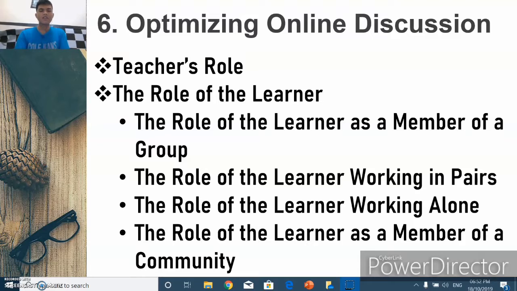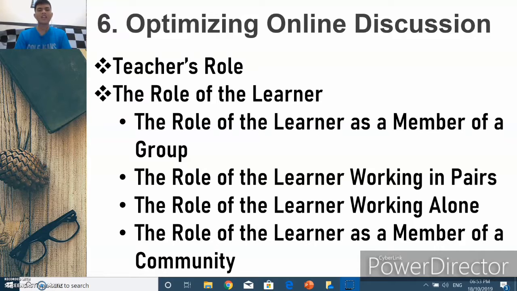The role of the learner as a member of a group: they need to be responsible for what they are doing, and they are the ones trying to reconnect all of the puzzles so that they can get the understanding that the teachers wanted. The second is the role of the learner working in pair.